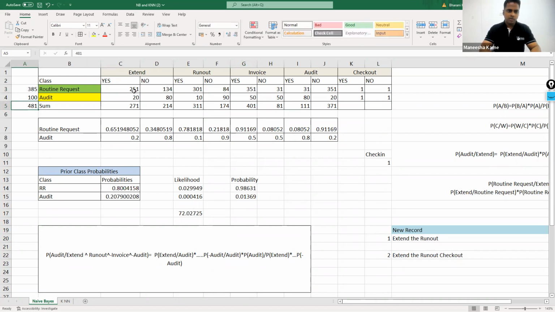Okay, because these are places where you're adding 1, 1, 1, 1. When you add these, you're not getting 385, is it?